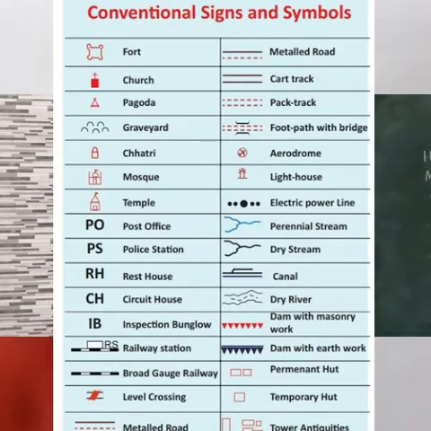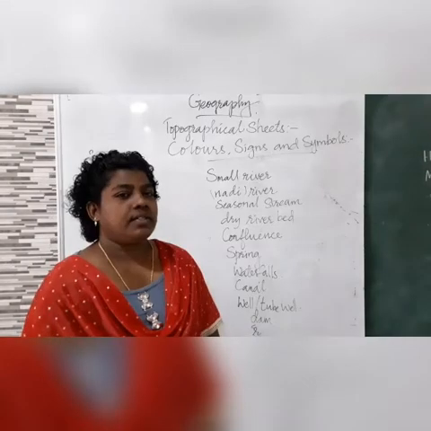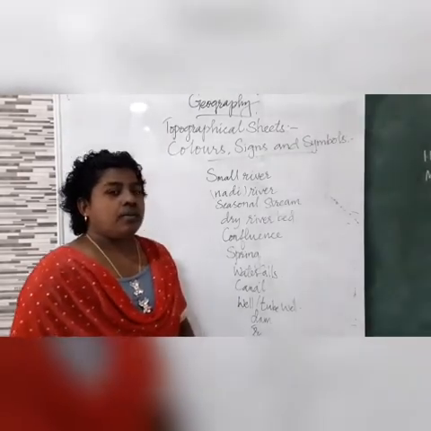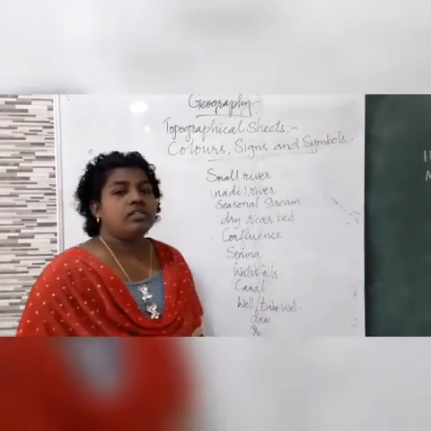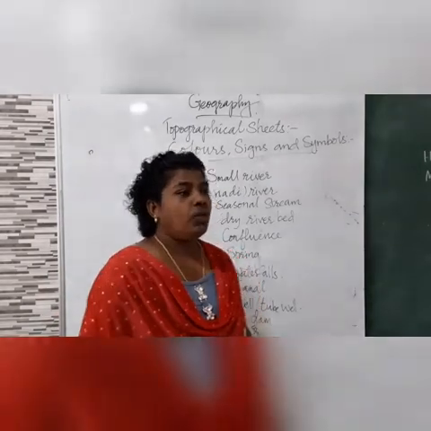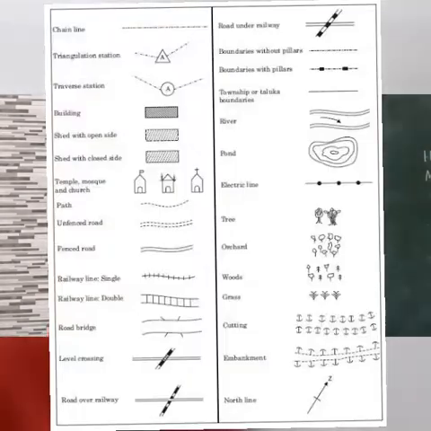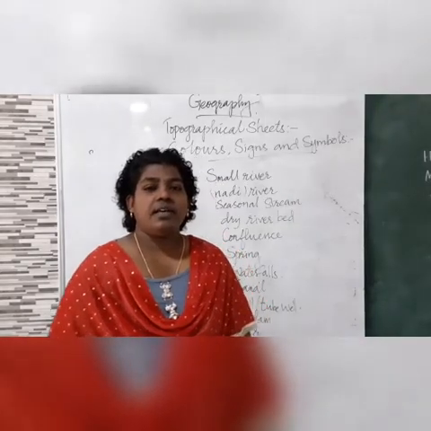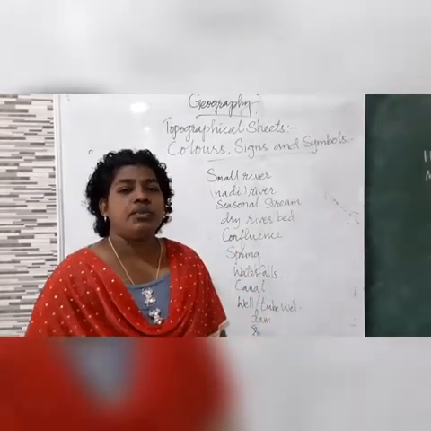Green, yellow, brown, red, then white. So you learned what all these colors are used for. What does the green color indicate in the topo sheet? The green color indicates the forest and the cultivated lands.